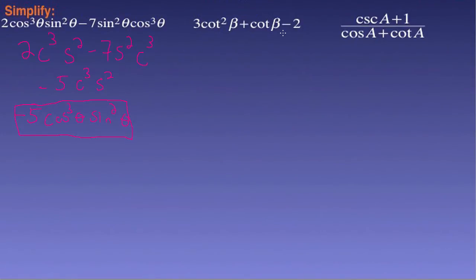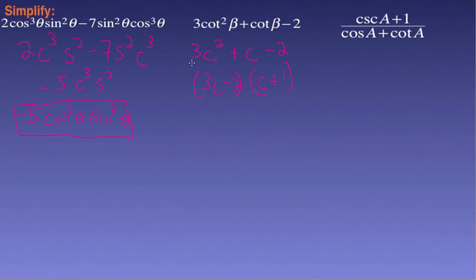This expression here doesn't have any like terms, but if I recognize that I have cotangent squared and cotangent and a term without a variable, I could rewrite this as c squared plus c minus 2. And traditionally we would factor that. 3c and c, and I think if I put the minus 2 here and a plus 1 there, I wind up with 3c squared plus 3c minus 2c, which is 1c, and then minus 2.